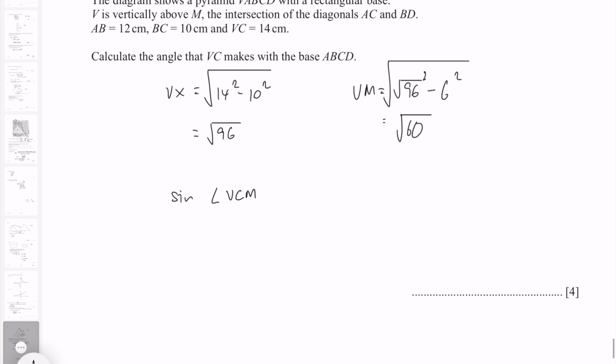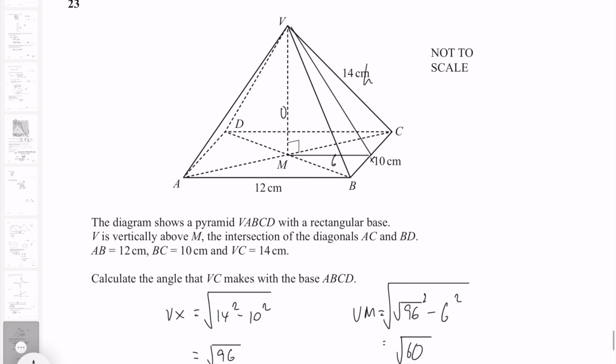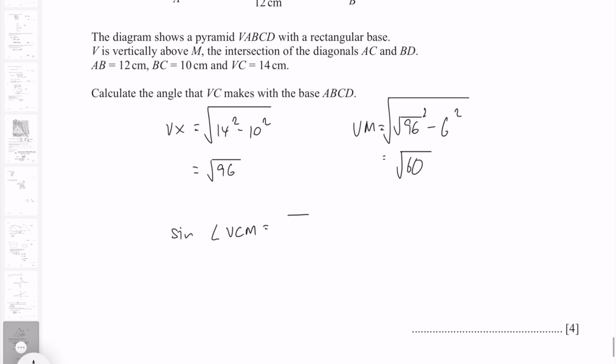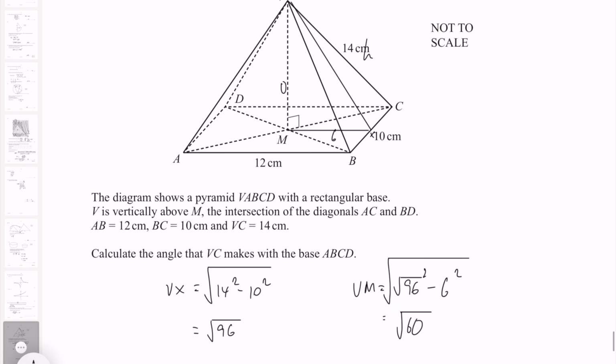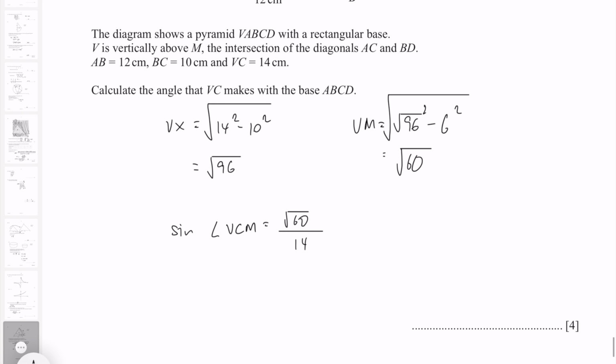So sine of that angle equals OH. VM is square root 60 divided by 14. Okay, so square root 60 divided by 14. Inverse of that, angle VCM equals 33.59.